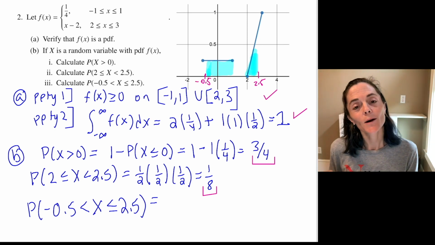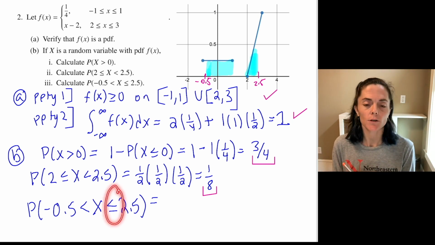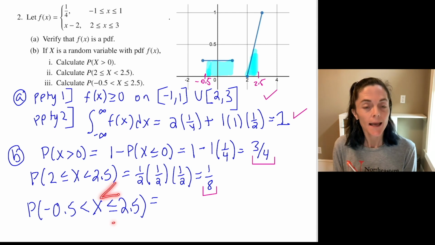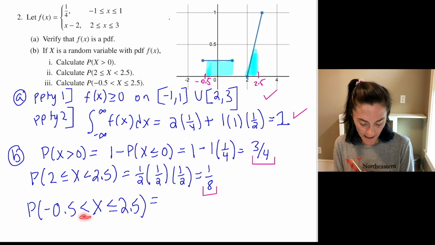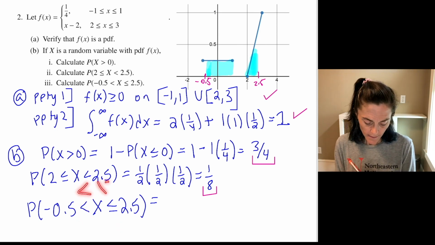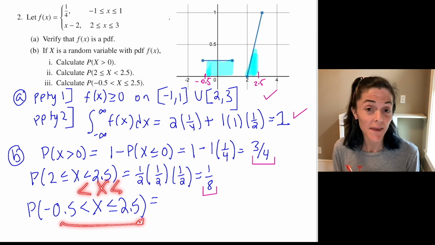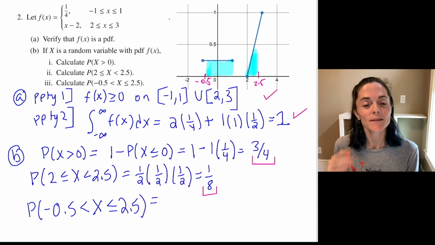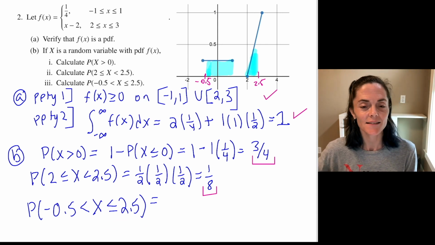Now, just a remark: with continuous random variables, whether there's a less than or equal to, or a strictly less than, it really doesn't matter because we're talking about areas here. So if I did this, I would have the same answer, or if I did this here, I would have the same answer. This is not the case with discrete random variables, but for continuous random variables, probabilities are areas.